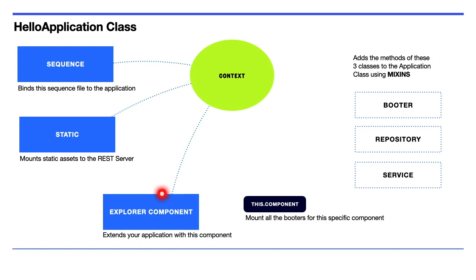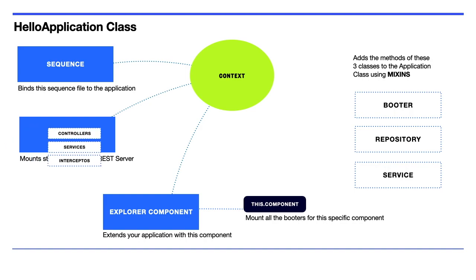This component, in reality, is a little LoopBack 4 application that has to be linked into the context. But because this is a small application, we need to mount its booters also, and we do it with this component method that you will see in the application class file.